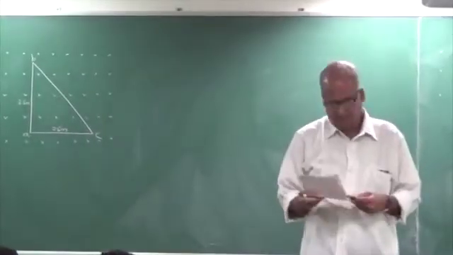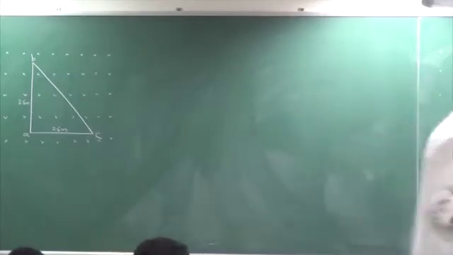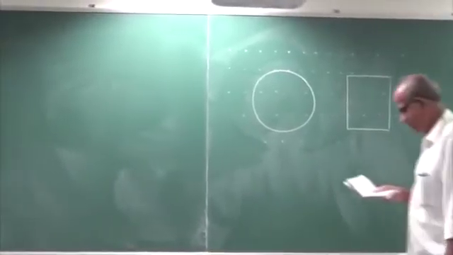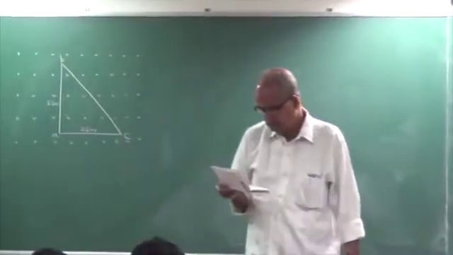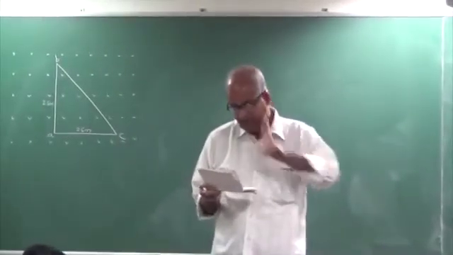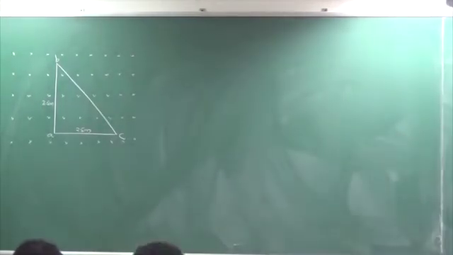Try this at home. A triangular coil of dimensions shown is placed in a magnetic field of 0.2 Tesla. Tell me what is the direction of the field now?